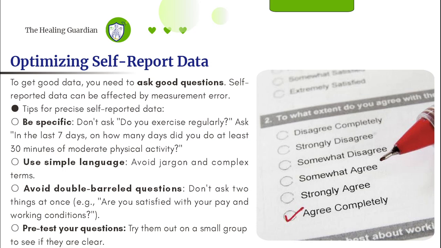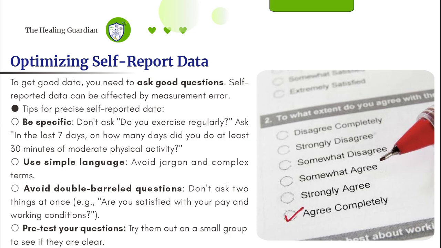So if it's self-report data, whether interviews or surveys, questions have to be specific. Use simple language. Avoid jargon and complex terms. Avoid double-barreled questions. Don't ask two things at once, like, are you satisfied with your pay and working conditions? Someone may be satisfied with one and not with the other.